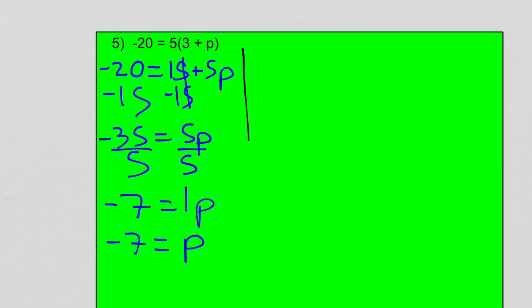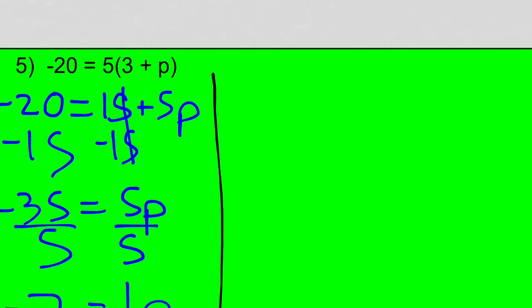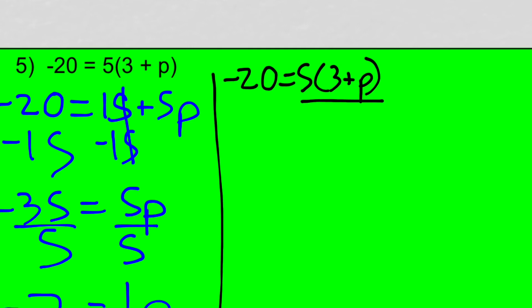Now also be aware of this. So same equation, negative 20 equals 5 groups of 3 plus p. Now over here, because I have 5 multiplied by 3 groups of 3 plus p, I can do this by dividing by 5 and divide this side by 5.